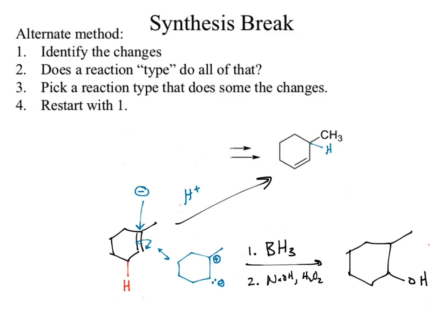Those other anti-Markovnikov reagents would be HBr. HBr is Markovnikov, isn't it? With ROOR, now it does anti-Markovnikov. Right?